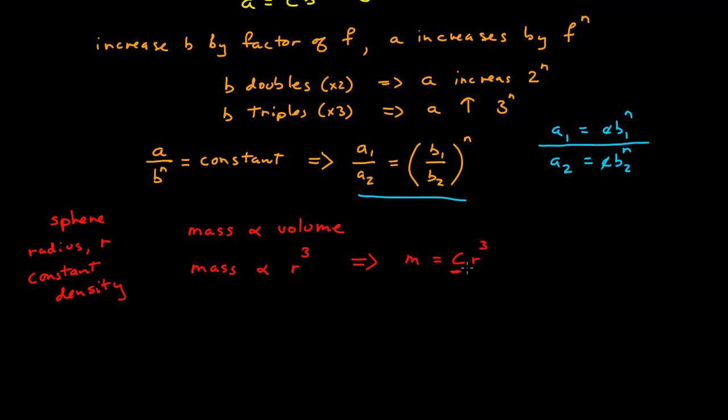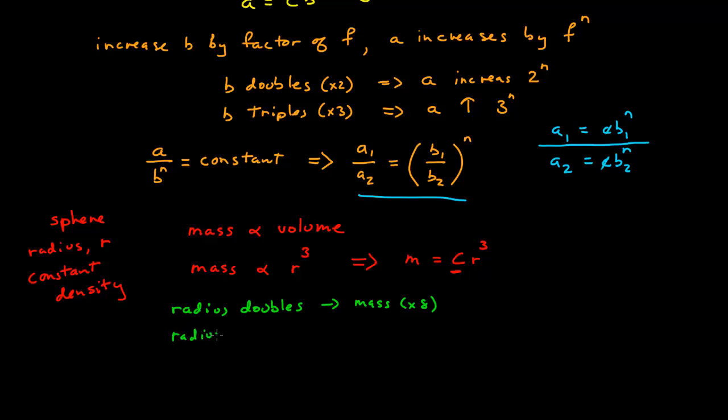And you might already know what that constant is, but maybe we don't need to know what it is if we can use proportional reasoning. The mass is proportional to the radius cubed. So in this case, if the radius doubles, that means the mass increases by times 8, 2 cubed.